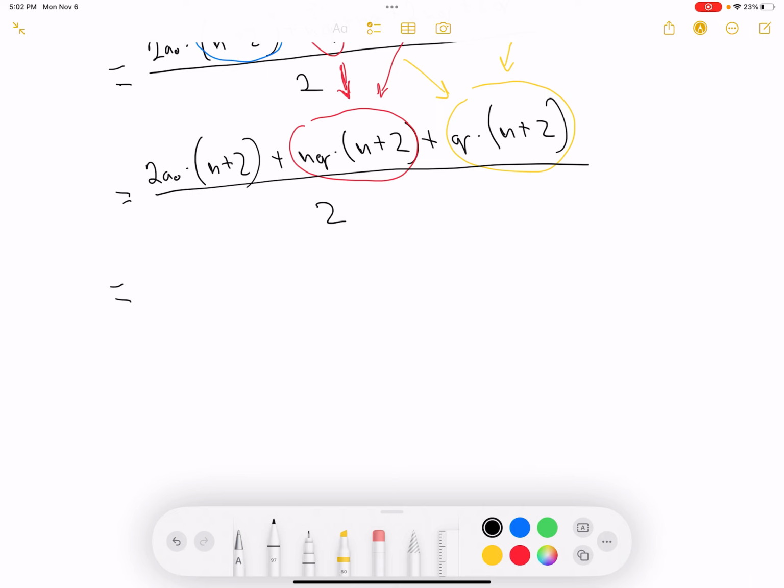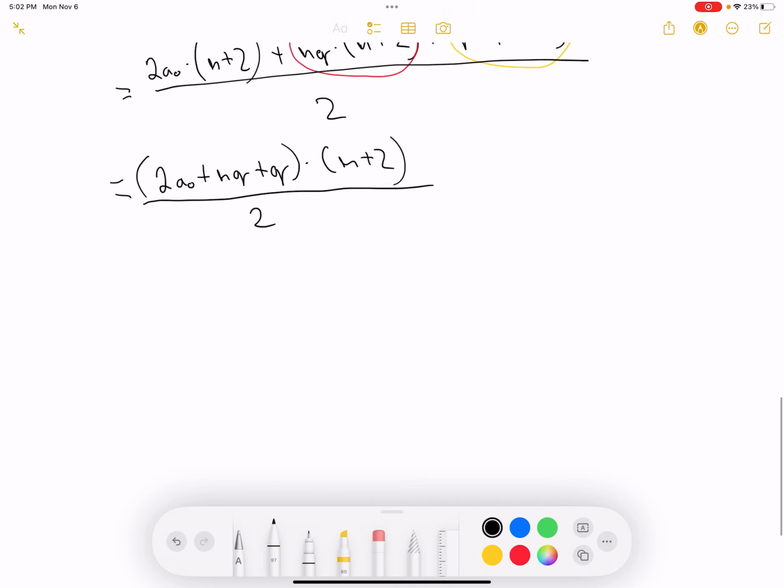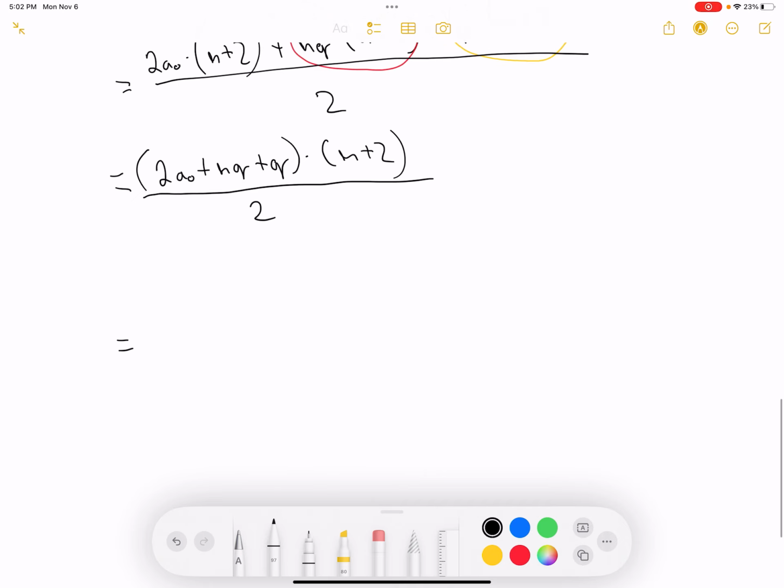So let's do it. (2a0 plus nq plus q) times (n plus 2), because it's all the same, over 2. And now this is starting to look good. Now we can further simplify the inner expression.